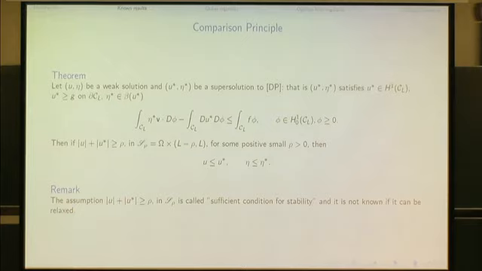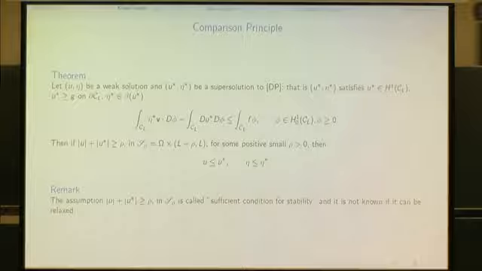This is called a sufficient condition for stability. It was introduced by Kamenomostskaya, and it is shown that if this condition is not satisfied, then the comparison principle doesn't hold. So there's a condition that we should impose. In fact, just choosing some particular nice boundary data will ensure that this sufficient condition for stability is satisfied.